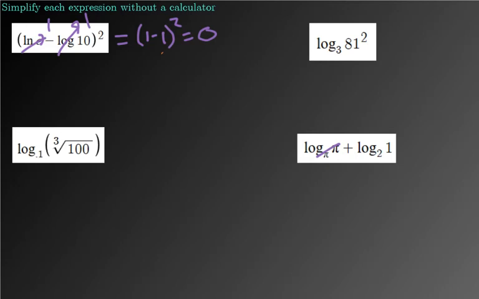All right. So this one, a little hard to see, but there is actually a 0.1 in there, so that's 1/10, okay? So what we should be able to do, if we're going to simplify this without a calculator, is write this thing with a 1/10. So we know that 1/10 is just 10 to the negative 1.